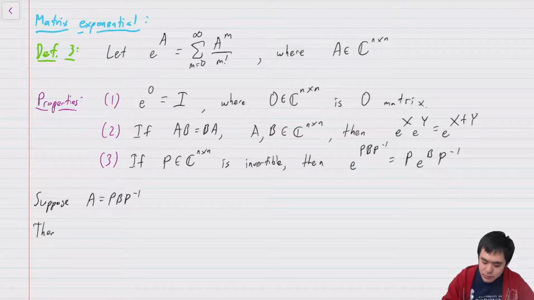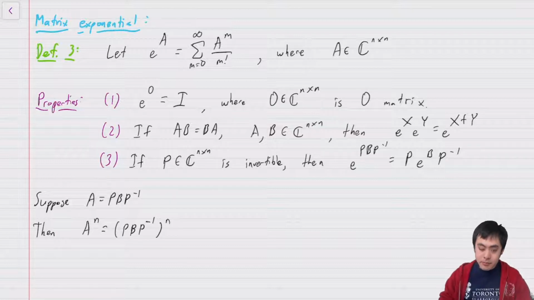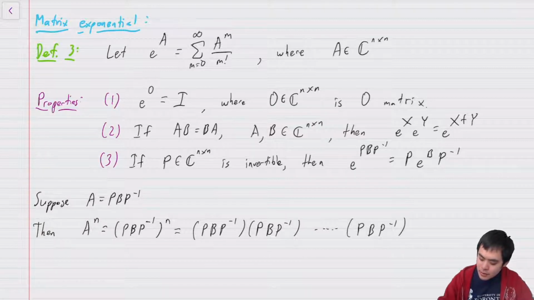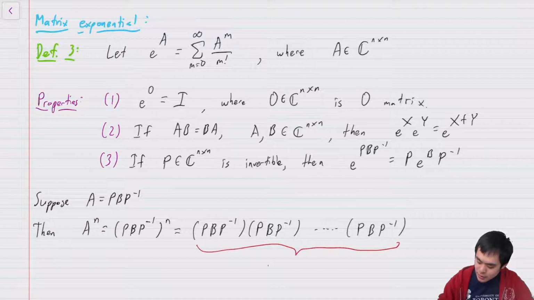Well, then we have that A to the m is equal to P B P inverse to the m-th power, which if you expand it out is P B P inverse times P B P inverse, and so on, all the way to P B P inverse, and this, of course, is m times.